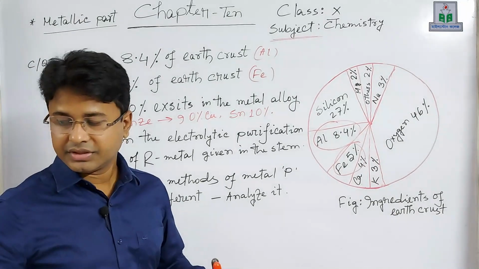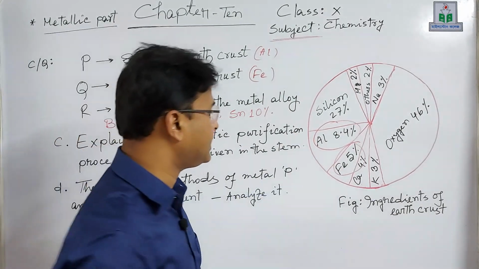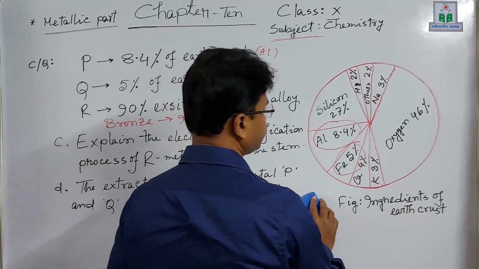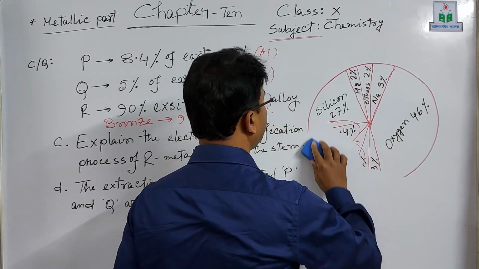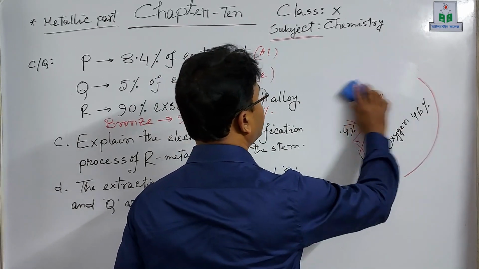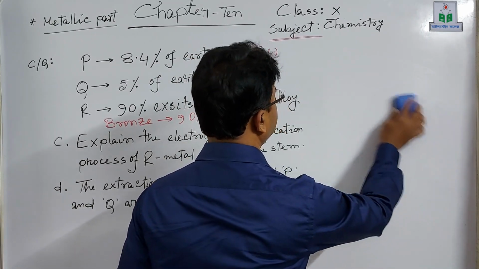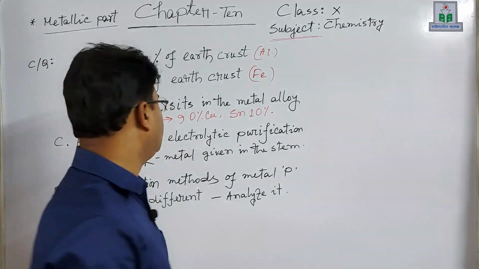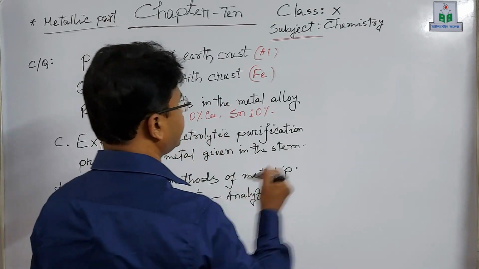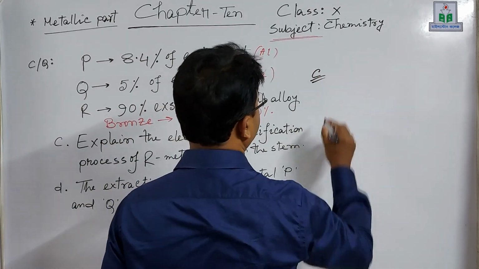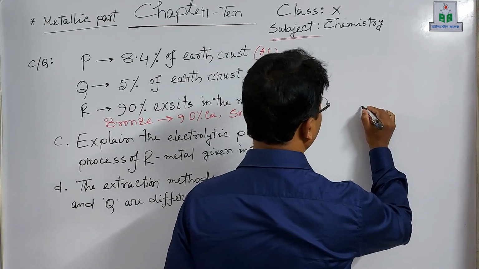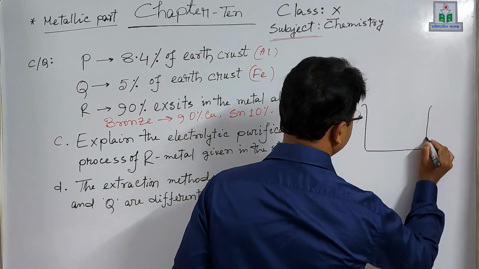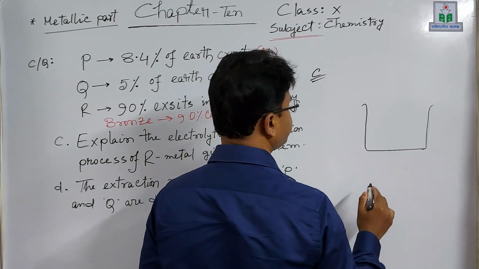Actually, dear students, you have to memorize this pie chart of ingredients of the earth crust. Then you also have to memorize the percent amount of different metal alloys. However, now as seen in the question, I have to refine the impure copper through the electrolysis process.